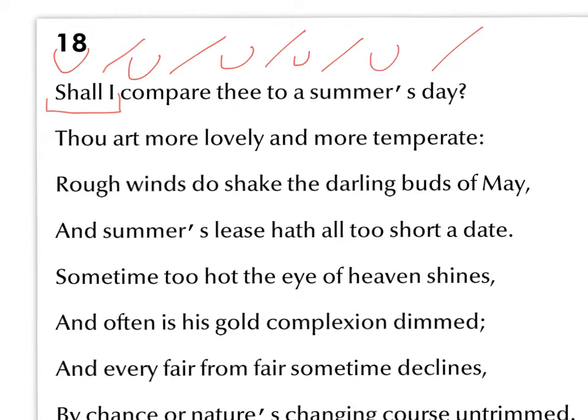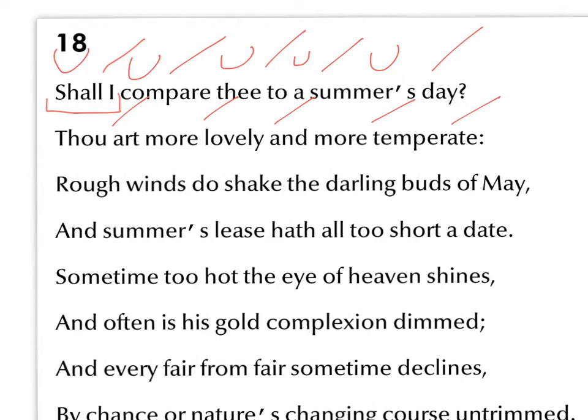Let's try the second line. Always start with the stress syllable. It's easier that way. Remember, iambic pentameter goes unstressed, stressed, unstressed, stressed. So, thou art more lovely and more temperate.